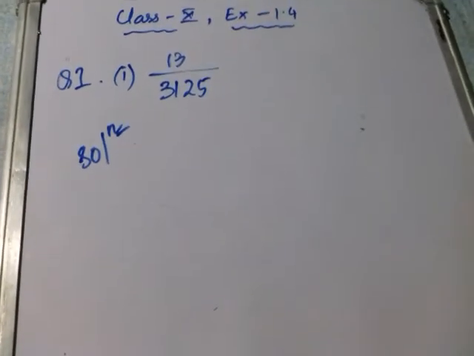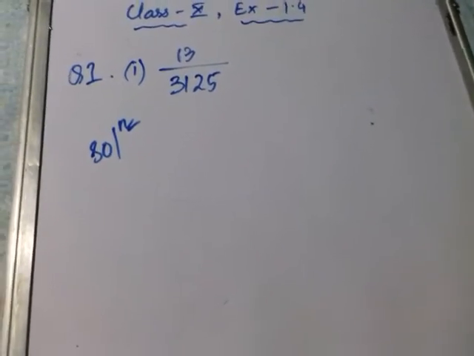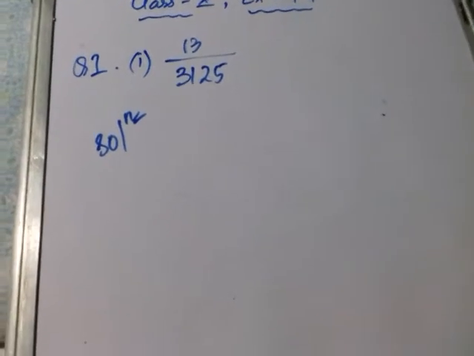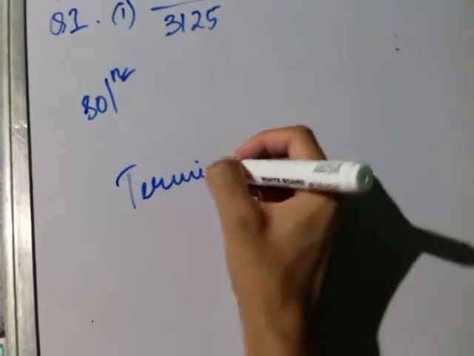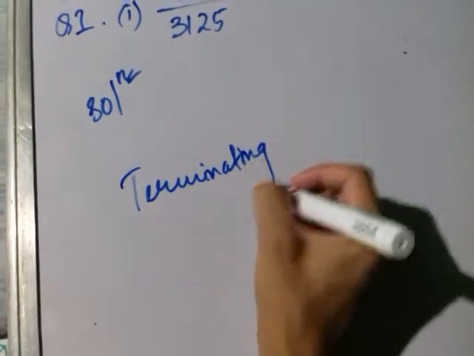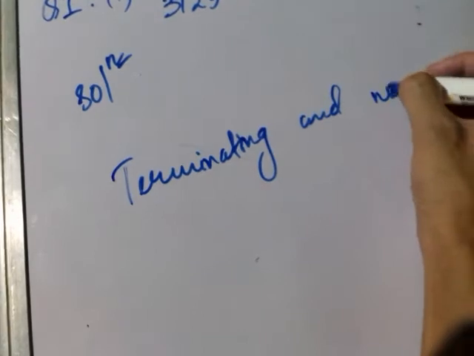You have already studied in class 9 what a terminating decimal expansion is. Terminating means the decimal expansion stops. Non-terminating repeating means it doesn't stop. If it is terminating, it stops.